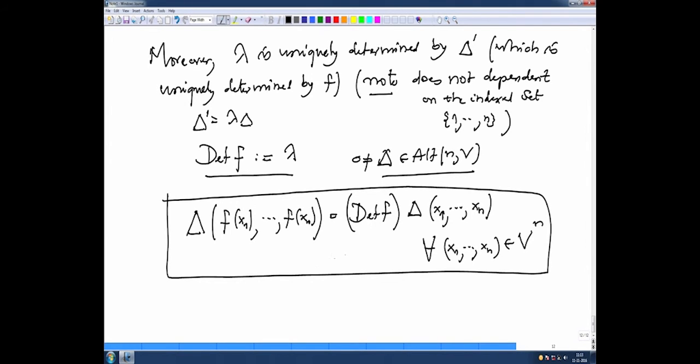So, this is called the determinant of the linear map, the linear operator f.